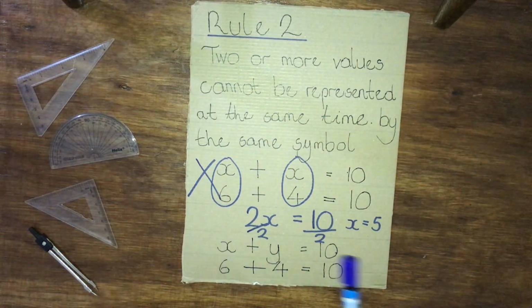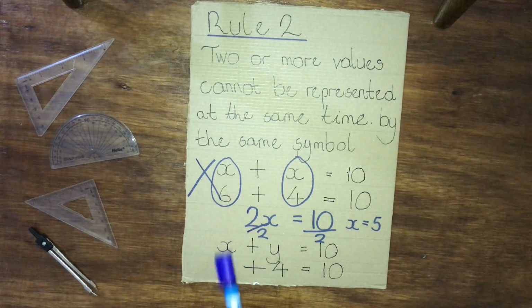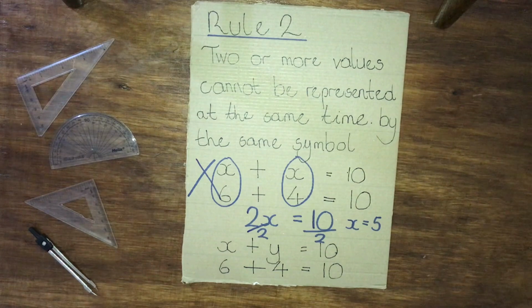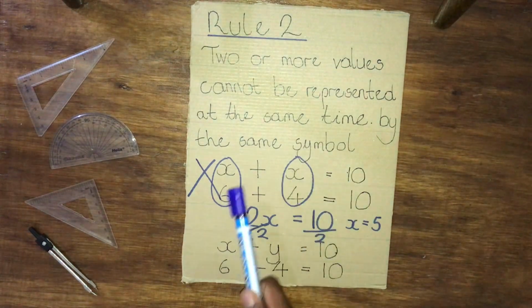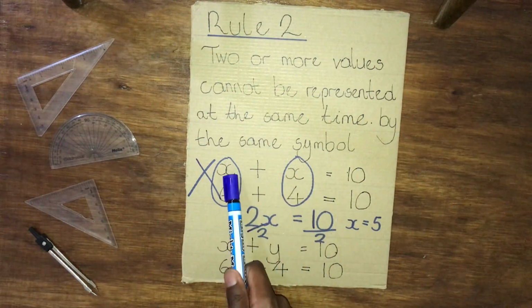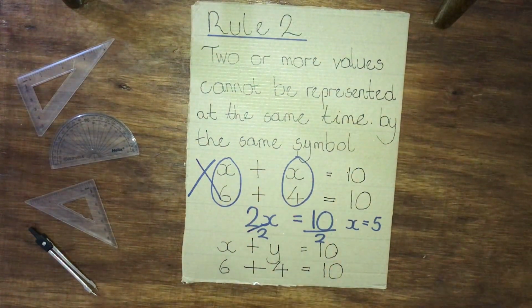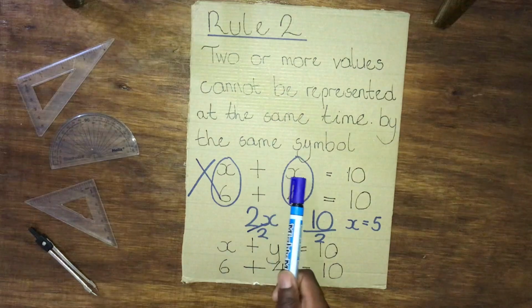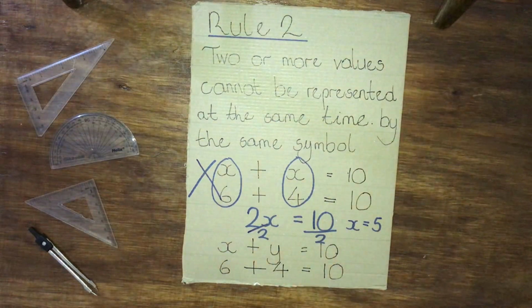But don't worry about this for now. For now, realize that because the symbols are the same, the value that they have is equal. Therefore, here, x is equal to 5, there and there, which is true because 5 plus 5 is equal to 10.